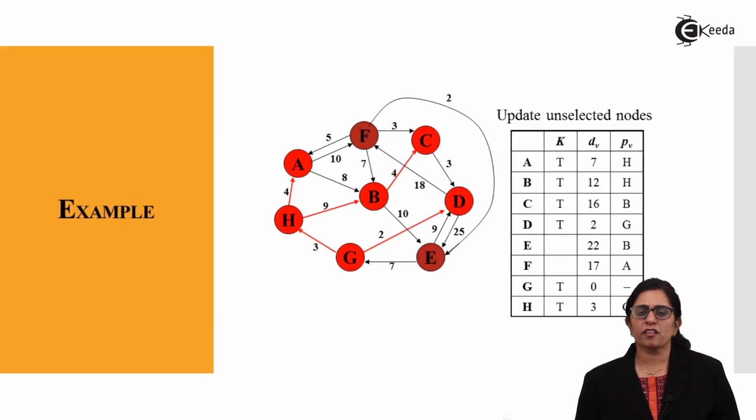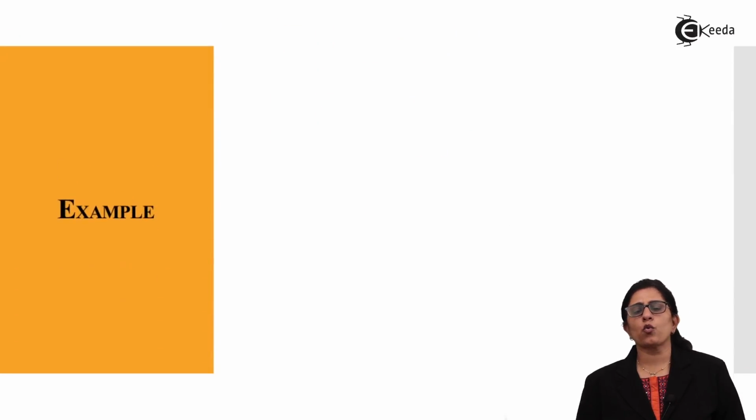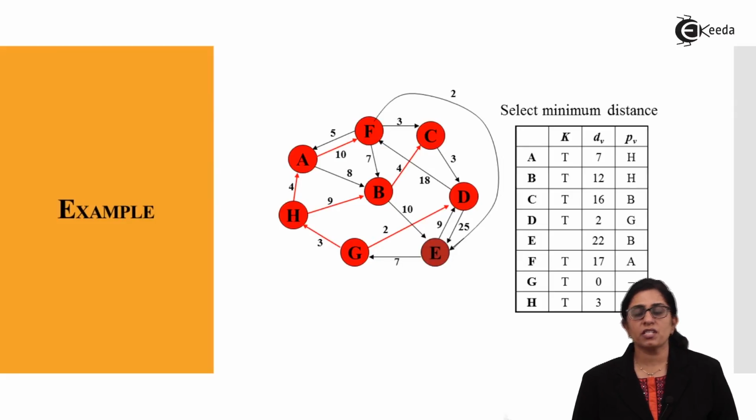And in our next node, out of 22 and 17, we take the node as F. Now once we've considered F, what do we do to traverse from F to E? When I'm reaching E from B, the value is 22. F has a value of 17.